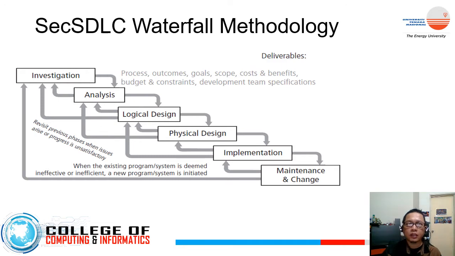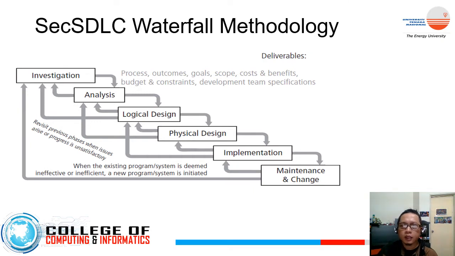It means that during the investigation stage, you must sit together with your team and see the current existing process. What are they? And then see all the process, whether it actually connects with your goals. And then see the scope of the process, what does it cover?